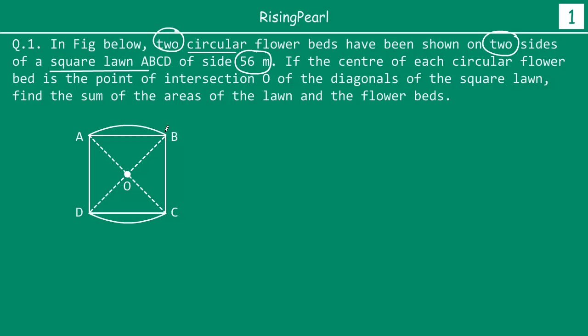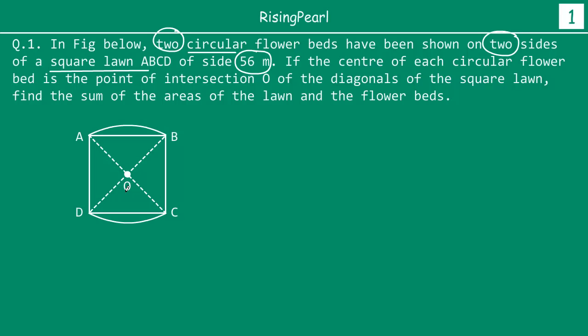And this one, on AB and DC, are 2 circular beds as shown on 2 sides of the square lawn. Now there is one important condition which is given, which is that the center of each circular flower bed is the point of intersection O of the diagonals of the square lawn. So essentially we draw the diagonals AC and BD of the square lawn.